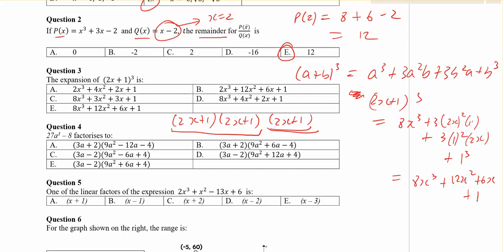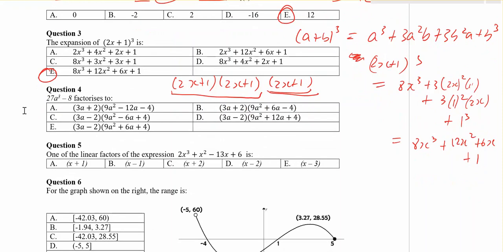Question 4, this is the difference of 2 cubes. I can rewrite it like this, 3a cubed minus 2 cubed. So it's the difference of cubes. So when you factorize it, you get 3a minus 2, brackets. You square the first term, so that's 9a squared.